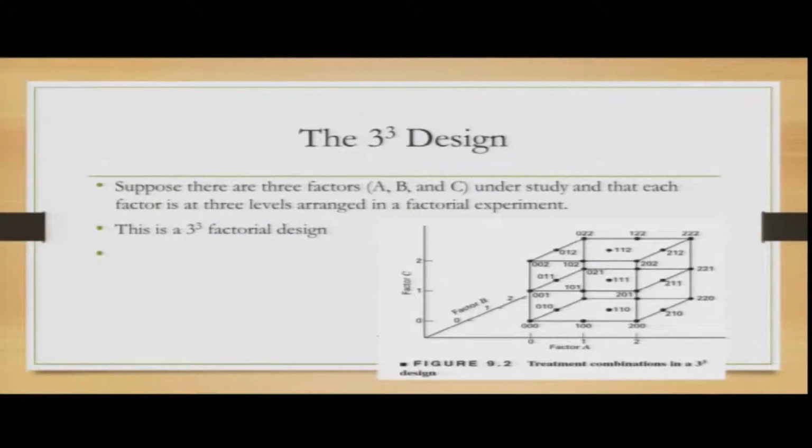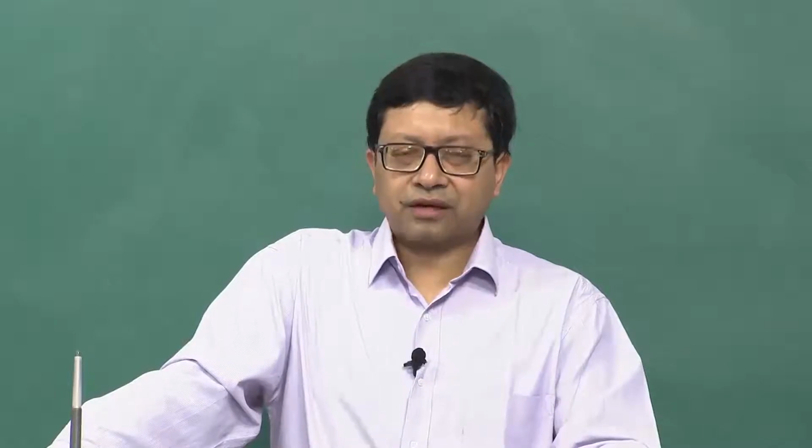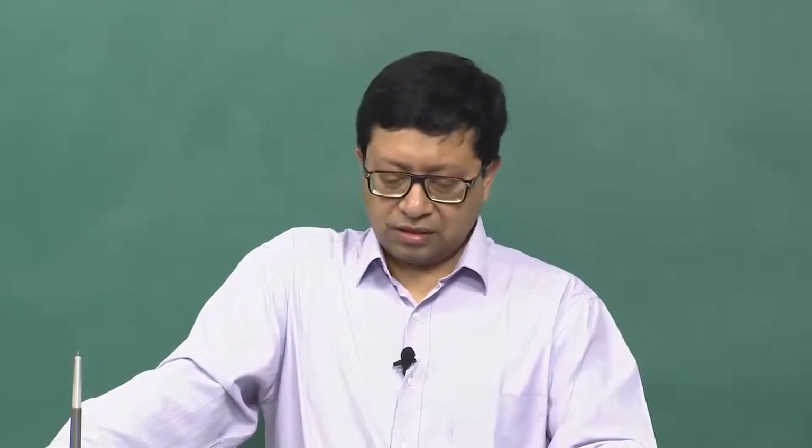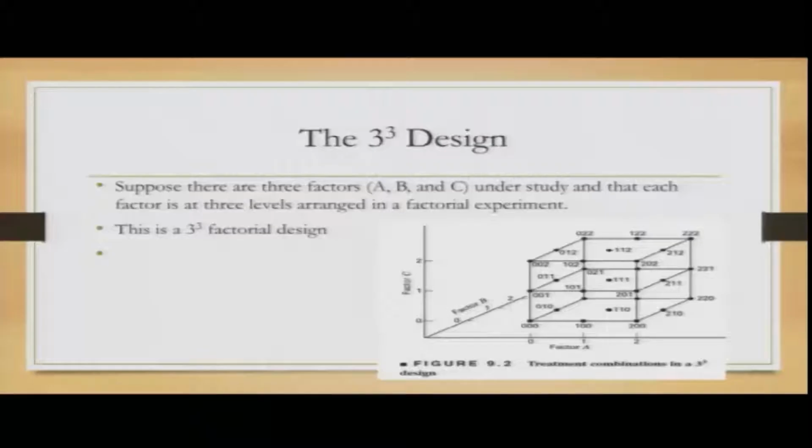Now, consider the 3 to the power 3 design, which is basically 3 factors at 3 levels. Suppose there are 3 factors A, B, C under study, and that each factor is at 3 levels arranged in a factorial experiment. This is a 3 to the power 3 factorial design. If you see the cube, it gives you that information.